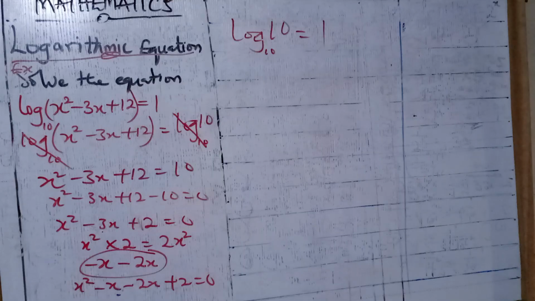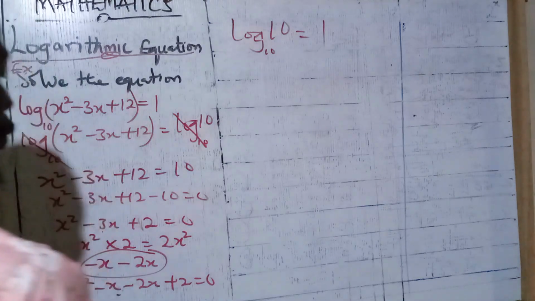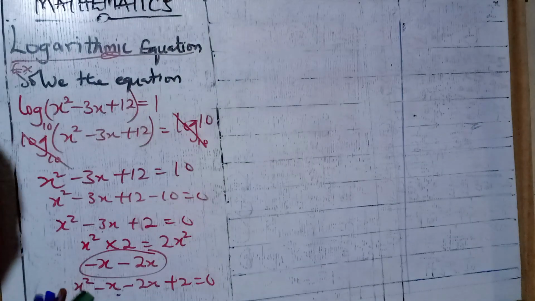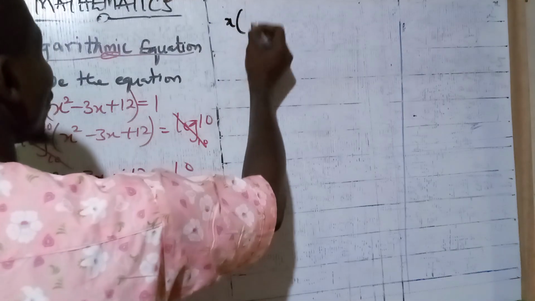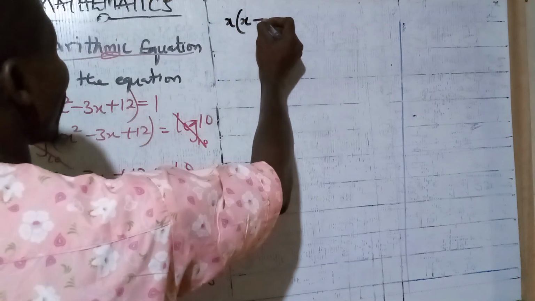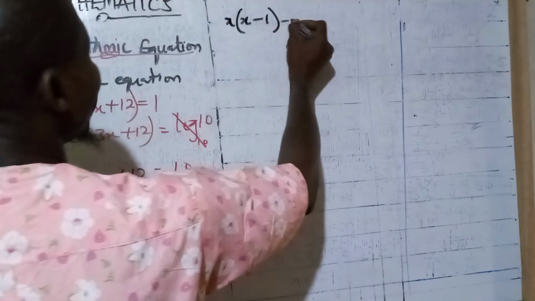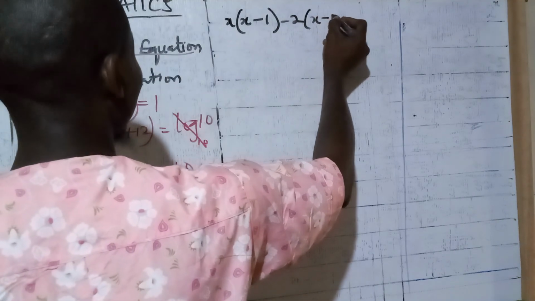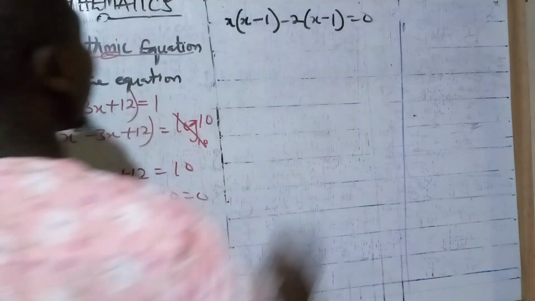Okay, now this s squared minus s, we group them together the same way we are going to group these two together to have s into brackets s minus 1, then minus 2 into brackets s minus 1, equals 0.